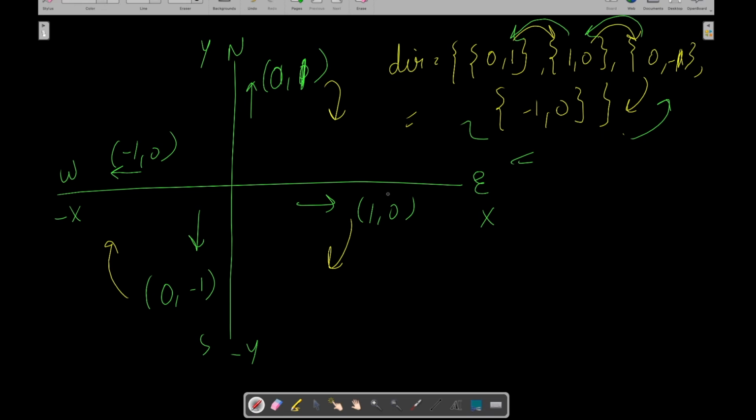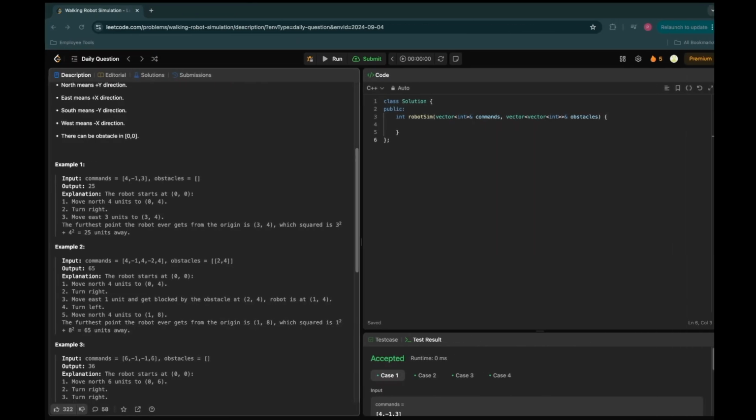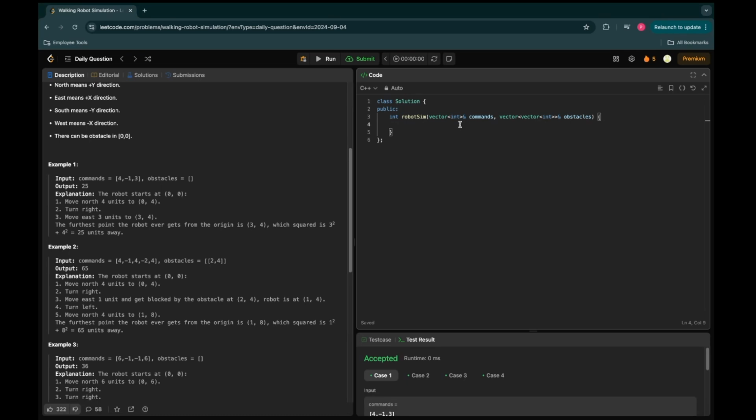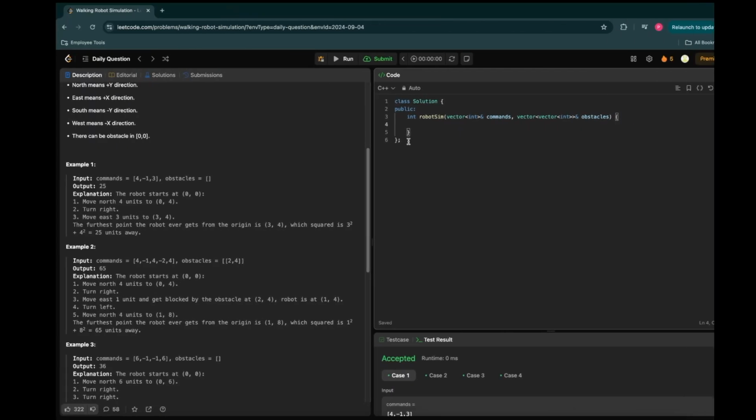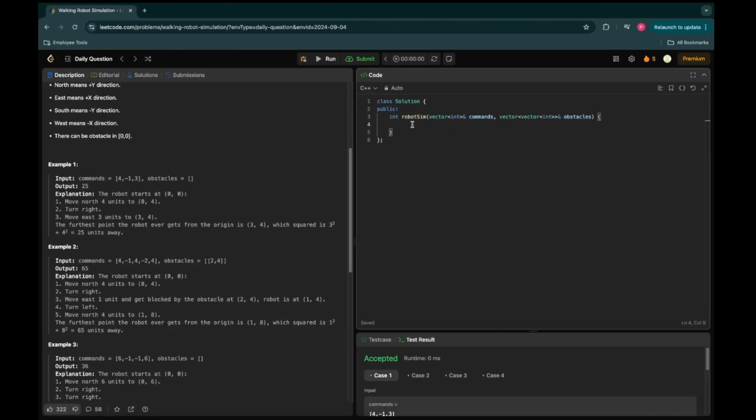Okay, so let's see how we can code this, then you will get a much better idea. First of all, we also need to store the obstacles so that we can compare whether the current coordinate contains an obstacle or not. So let's create a set in which we can store the obstacles.